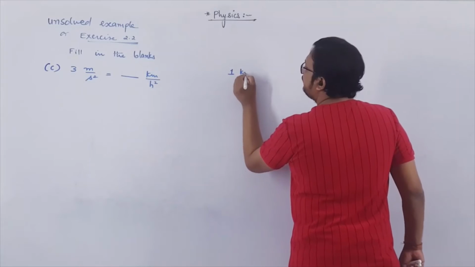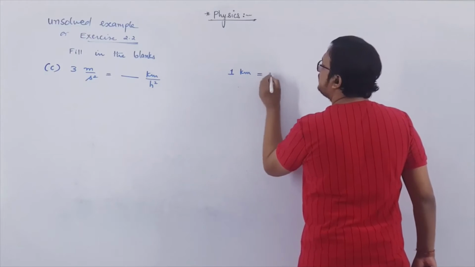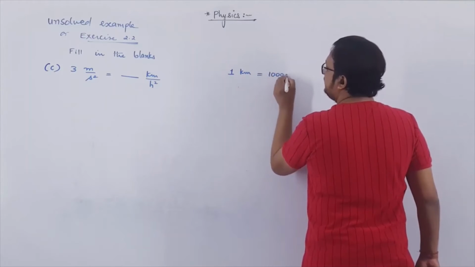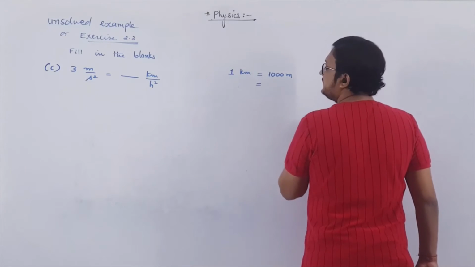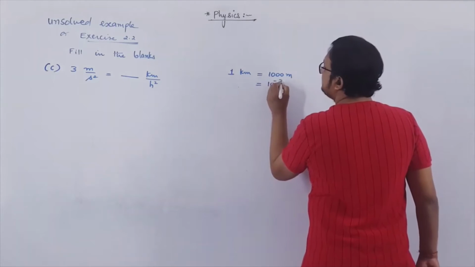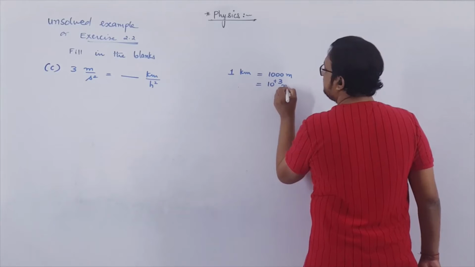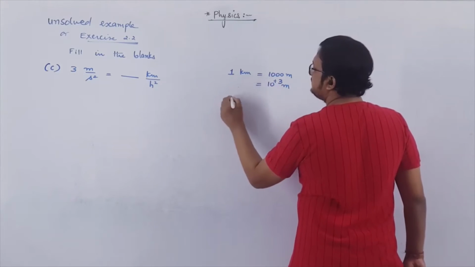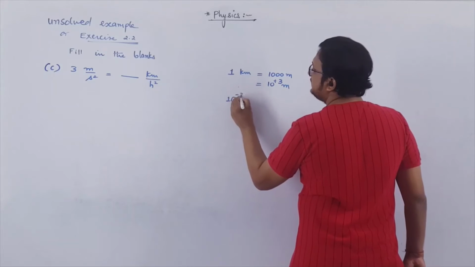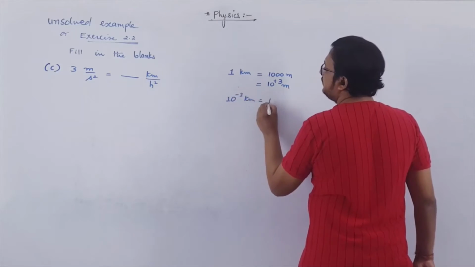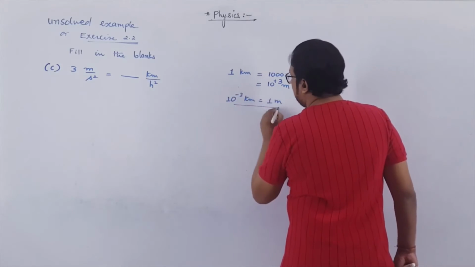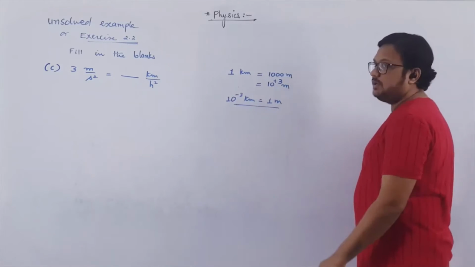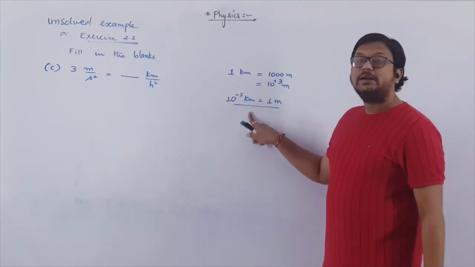We are already aware of this: 1 kilometer is 1000 meter, which you can write as 10 raised to plus 3 meter, right? So if you take 10 raised to plus 3 on the other side, 10 raised to minus 3 kilometer will be equal to 1 meter. So if you want to convert meter into kilometer, you write 1 meter is 10 raised to minus 3 kilometer.